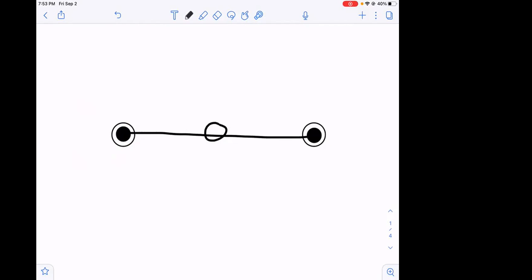So there are, in fact, 3 possibilities because this line can attach to both of these, and it can also go to itself. But if it goes to itself, then this point is dead.